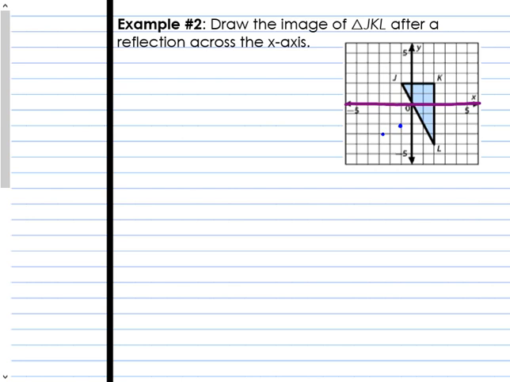So here's J prime. K is 2 above the axis, so it's also going to come 2 below the x-axis. So here's K prime. And L is 4 below the x-axis, so L is now 4 above the x-axis. And then you connect your points, and there is your new shape.